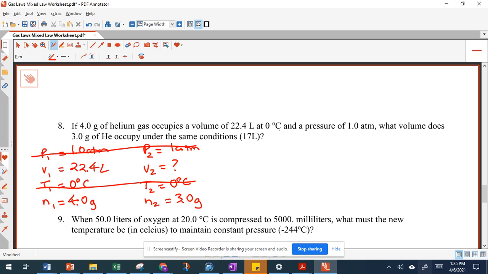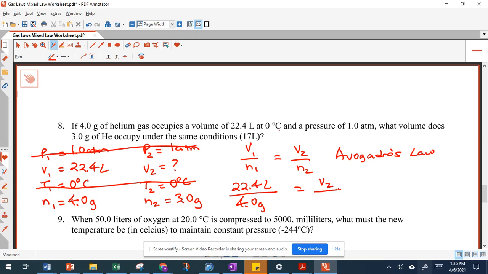So let's plug this into our equation. So we have our equation, which is V1 over N1 is equal to V2 over N2. And this is Avogadro's Law. Okay, so we can start plugging this in. So we have 22.4 liters over 4.0 grams is equal to V2 over 3 grams.